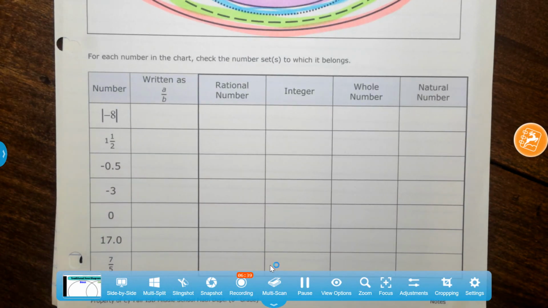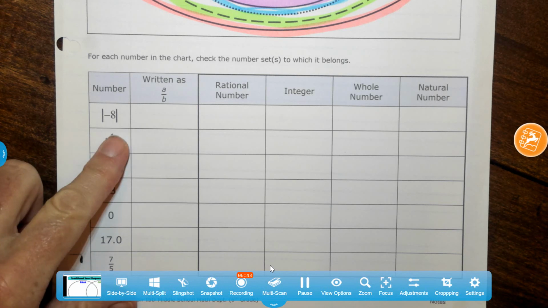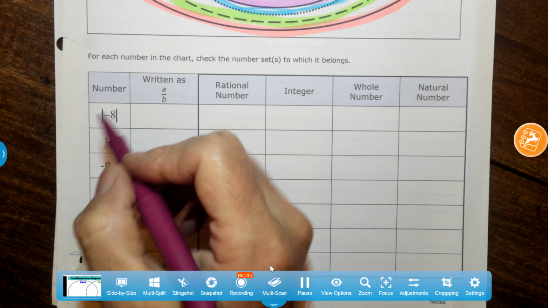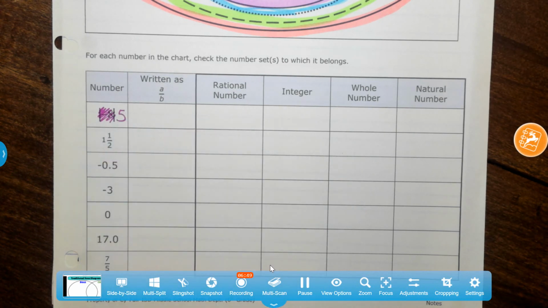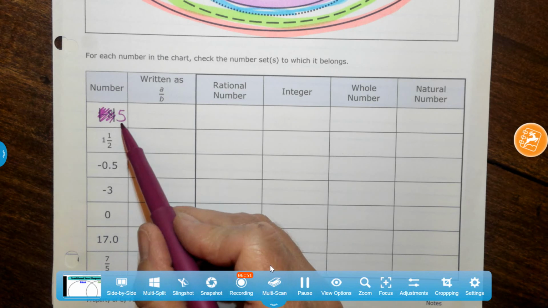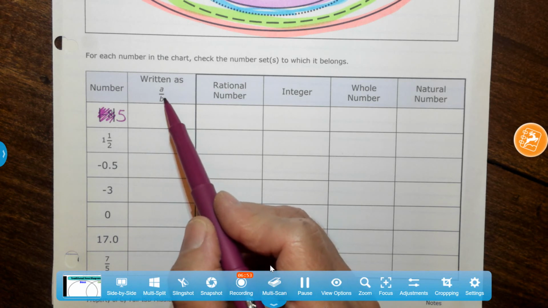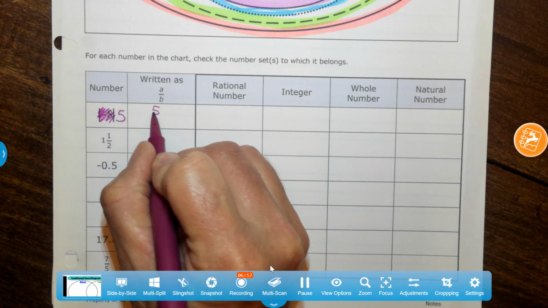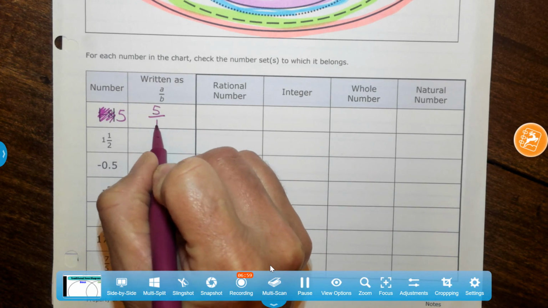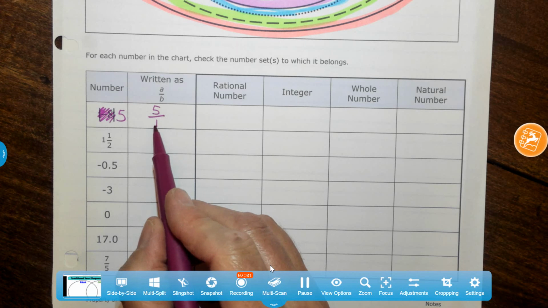Now we have a negative absolute value of negative 8. But on the slideshow, I believe it was just a 5. So I'm just going to go ahead and take that off and put 5. Now, can 5 be written as a fraction in a over b form, meaning it has a numerator and a denominator? It sure can, because if I put 5 over 1, what's 5 divided by 1?